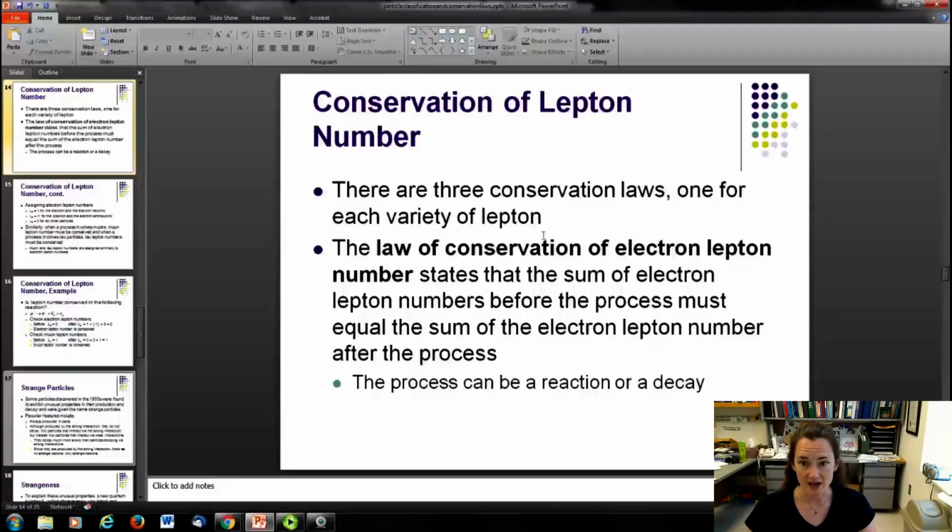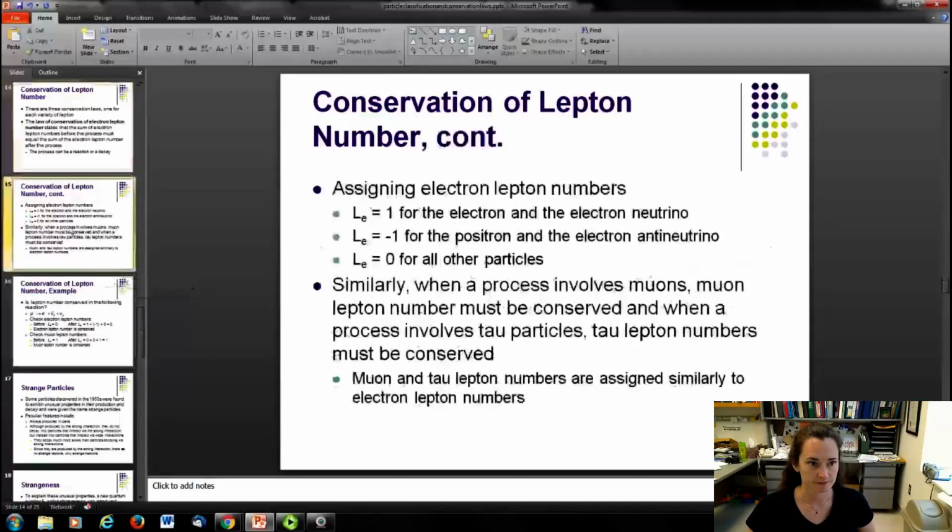So what has to happen is you have to have conservation of electron lepton number, which means that your electron lepton numbers before have to equal the electron lepton numbers after. And then you also have to have conservation of muon lepton number and tau lepton number. So when you conserve lepton number, you're actually conserving 3 types of lepton numbers.